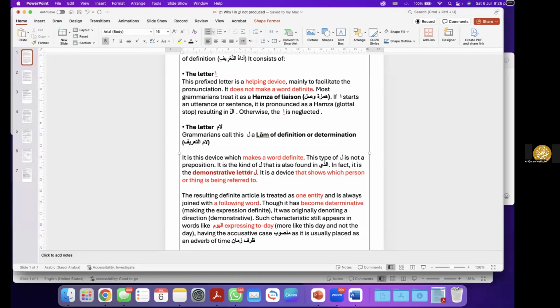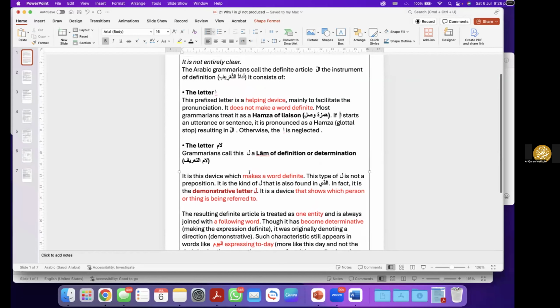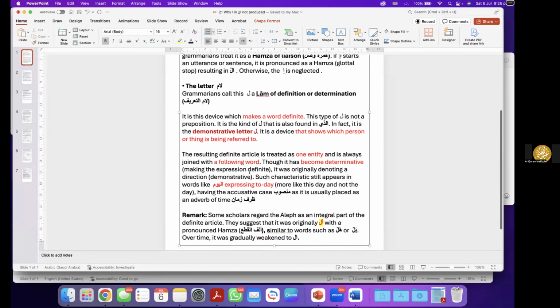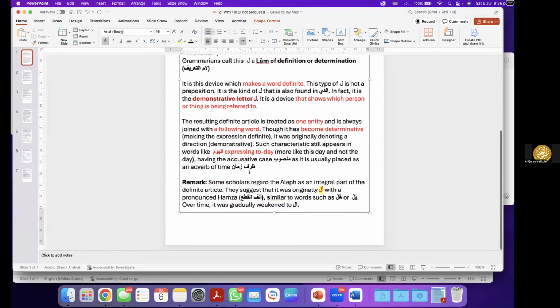Al is a tool for definition, and it's called lamut tarif, adatut tarif. It is important, okay? It is this device which makes the word definite. So lam is the letter which makes the word al definite.